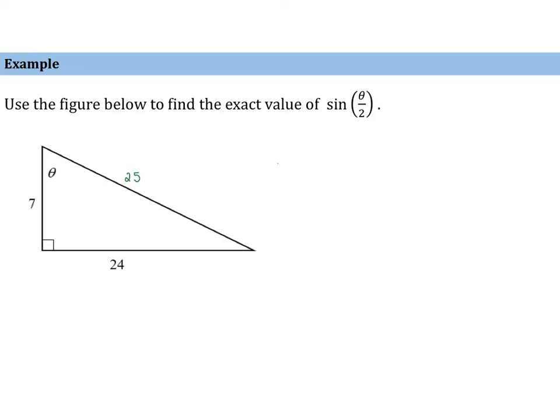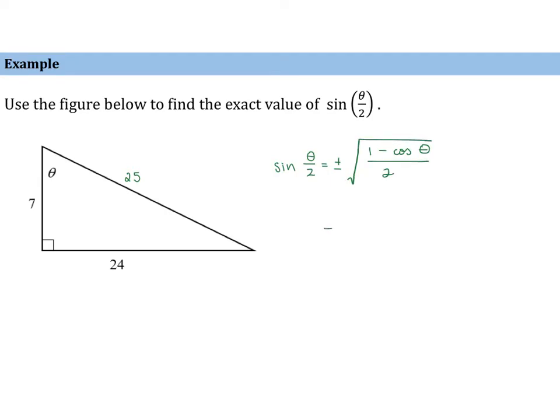So let's look at the sine of theta over 2. It is equal to positive or negative, and that will be determined later, of the square root of 1 minus the cosine of theta all over 2.